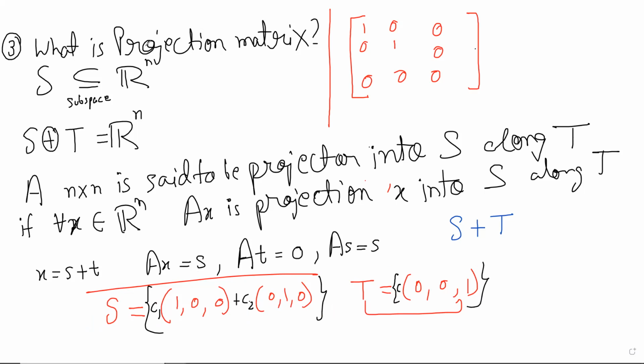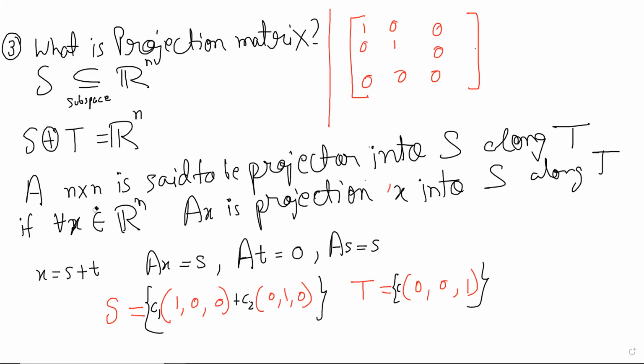Now it should be clear, and it is also clear there is no intersection. That is good enough for us. So this is an example of a projection matrix. Is this a good example? No, because it's a trivial example.